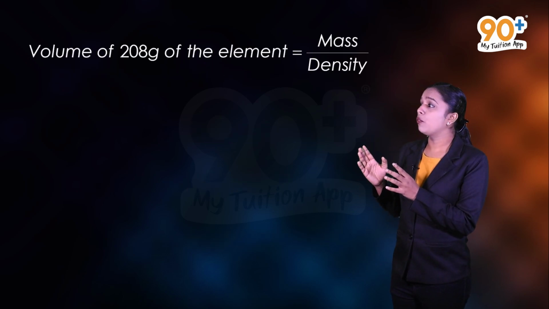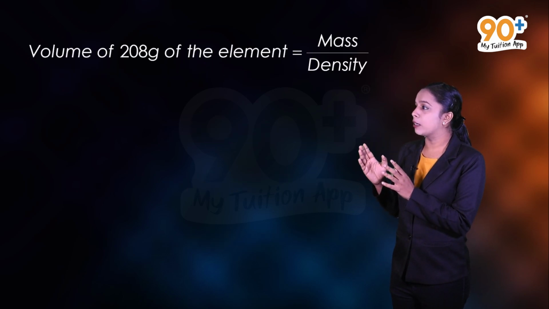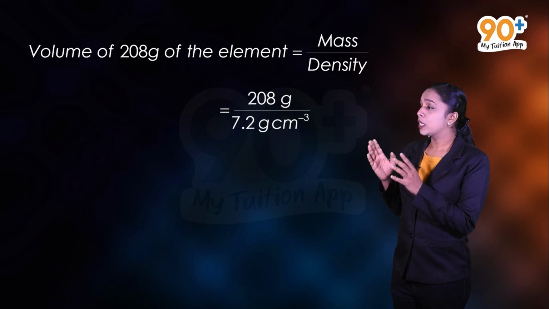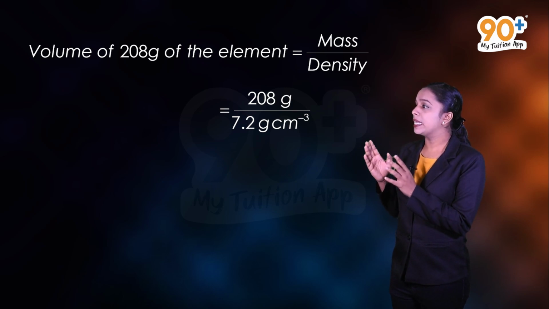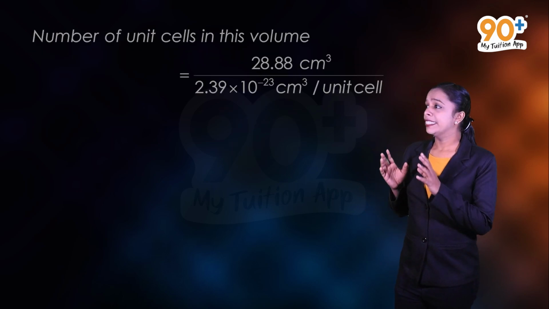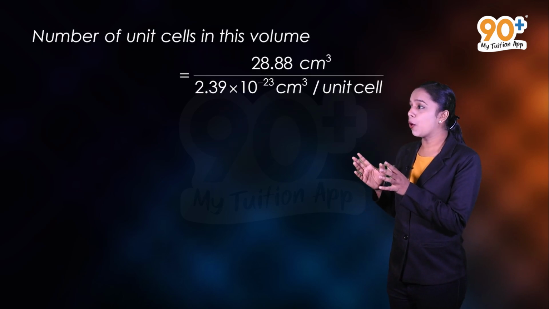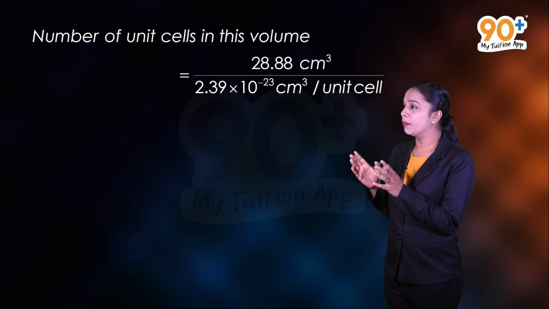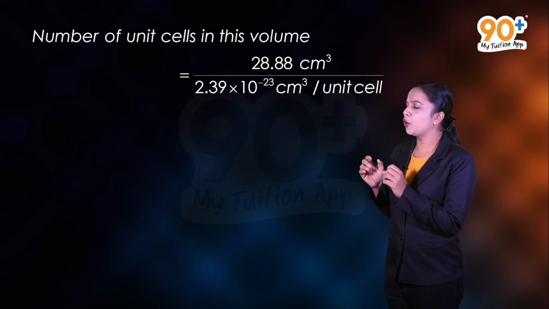Then the volume of 208 gram of the element is equal to mass by density. Substituting the values, we get 208 gram divided by 7.2 gram centimeter raised to minus 3, which is equal to 28.88 centimeter cube. Then the number of unit cells in this volume is equal to 28.88 centimeter cube divided by 2.39 into 10 raised to minus 23 centimeter cube per unit cell.